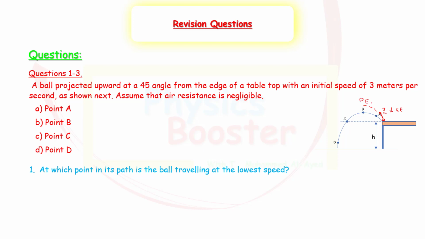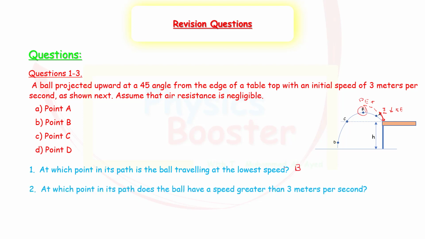At the highest point, the potential energy will be highest, but the kinetic energy will be lowest. So the ball will have its lowest kinetic energy at point B, because it's losing its kinetic energy while it's going up and transforming it into potential energy. So the answer is B.